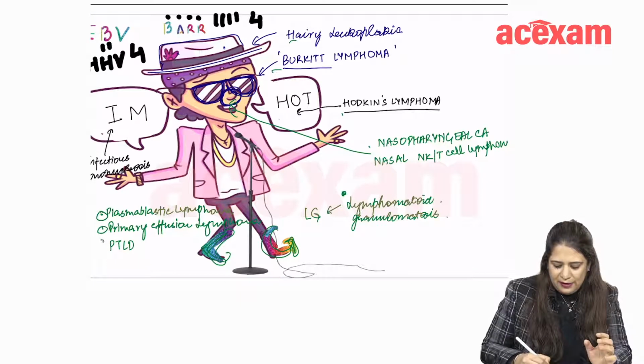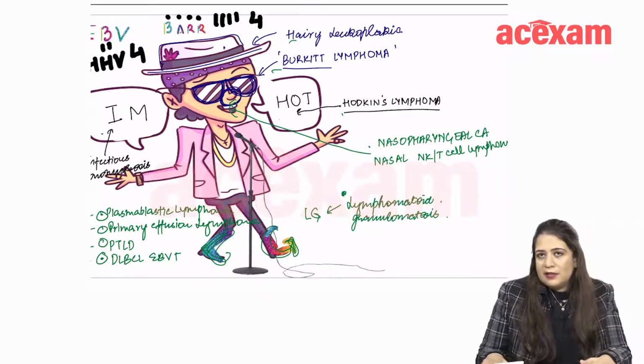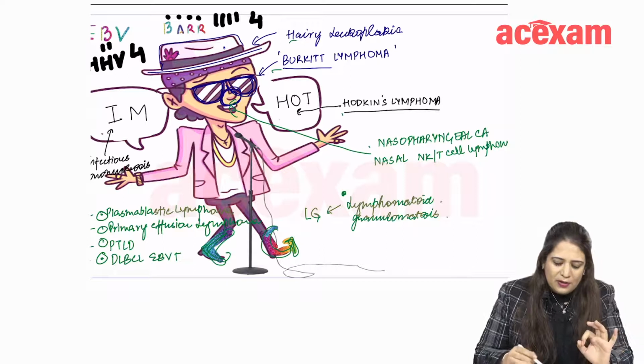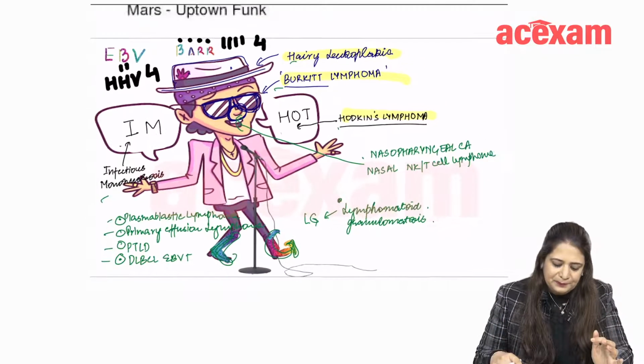So these are extra, and besides this, a variant of DLBCL, which is EBV positive. So if you remember these also, it's good enough. But with the help of the mnemonic, I have covered the ones which are at least important at this undergraduate level.